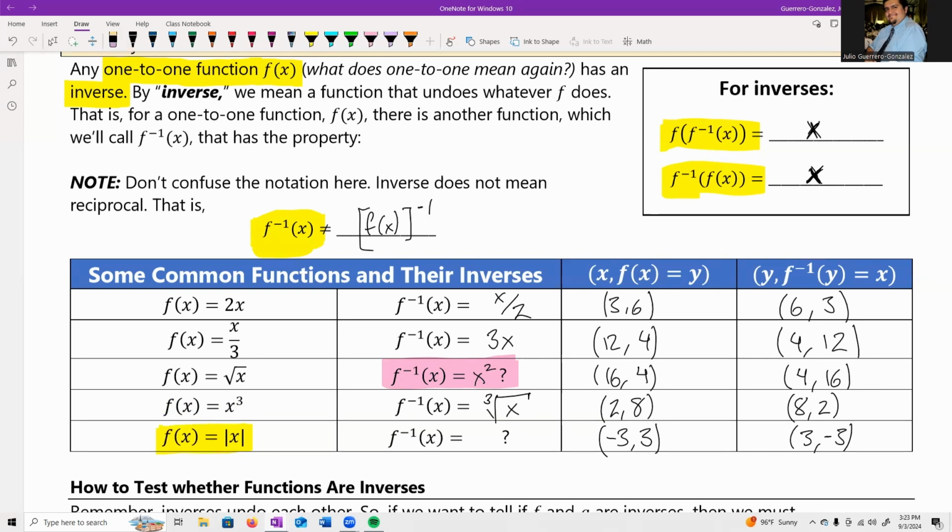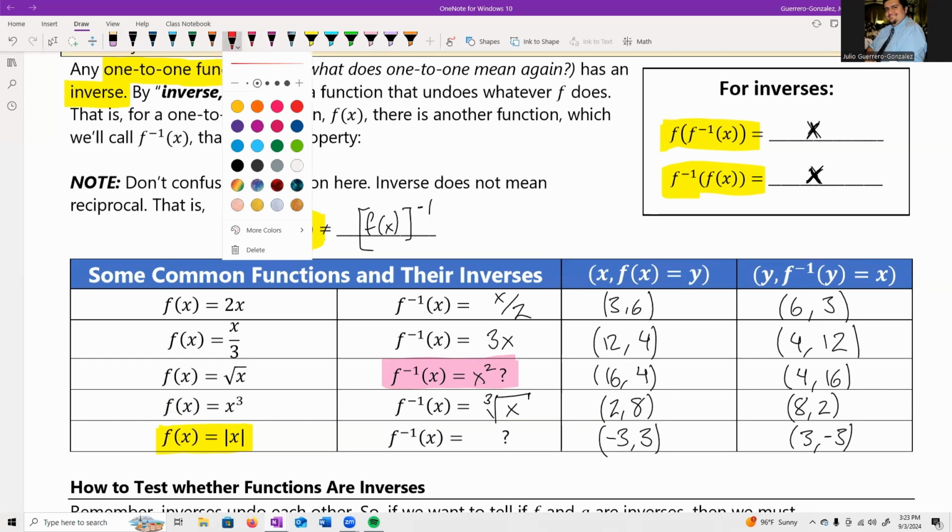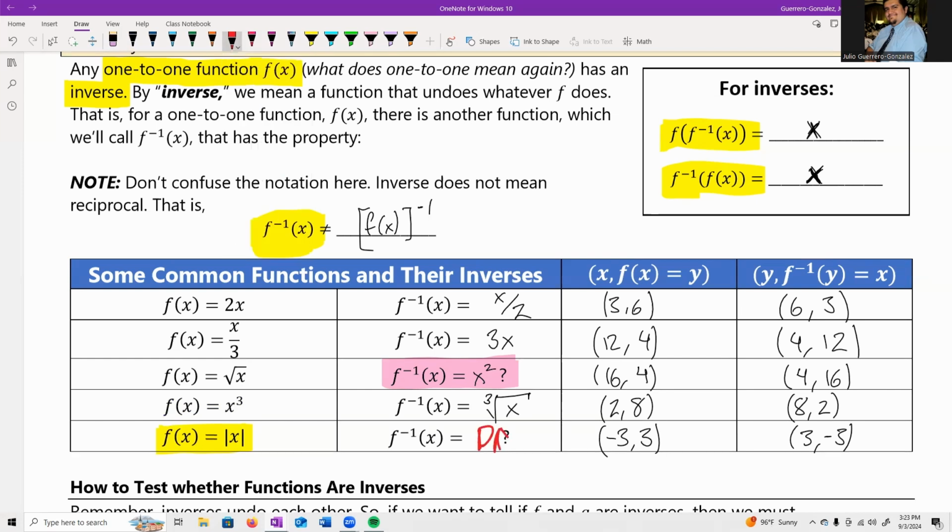Okay, now, does everything have an inverse? No, it does not. Everything does not have an inverse. This one is one of those that do not have an inverse. So we just say for this one, does not exist, okay?